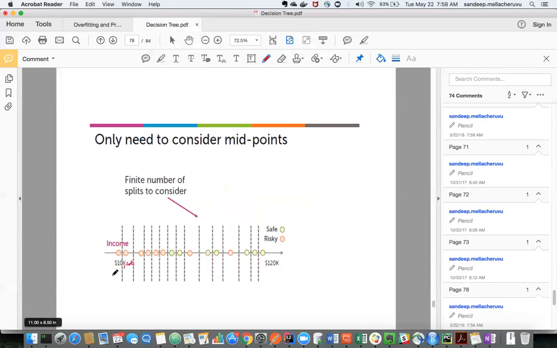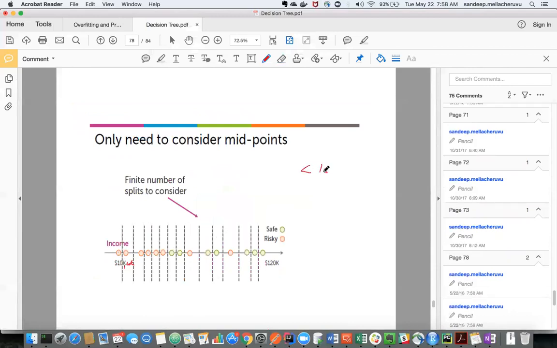Find out the midpoint and then try to apply a threshold saying income less than 15K. So this is your root node and this is your income split.